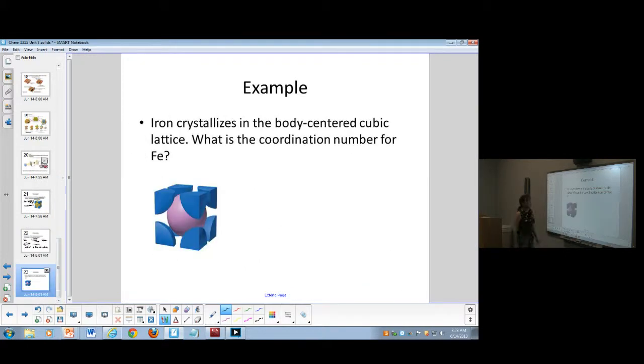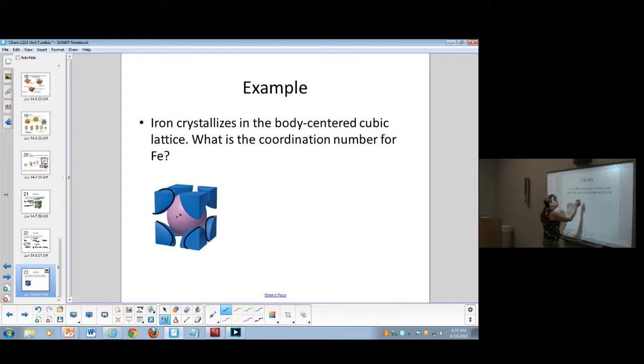All right, so iron crystallizes in a body center cube. I want to know what the coordination number of that is. Well, the center one right here only touches all 8 of the ones on the lattice point.